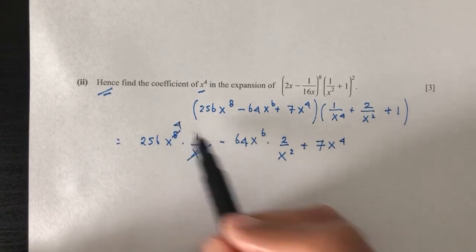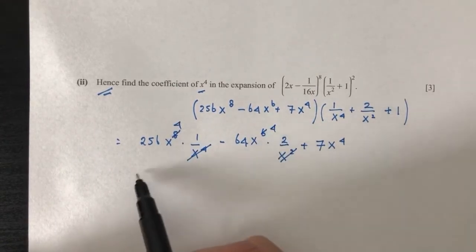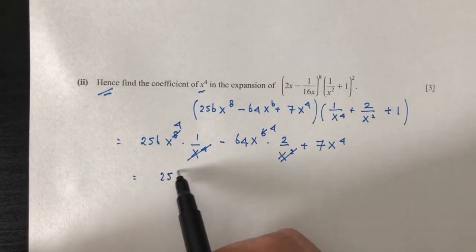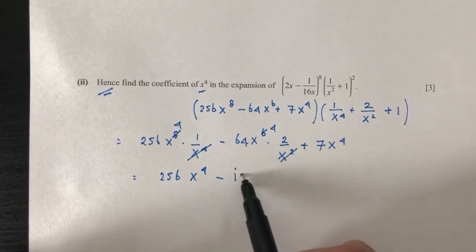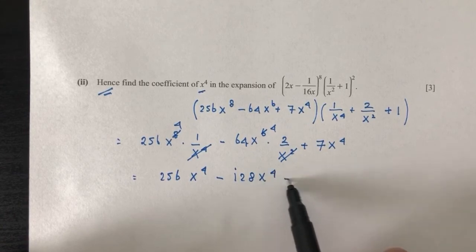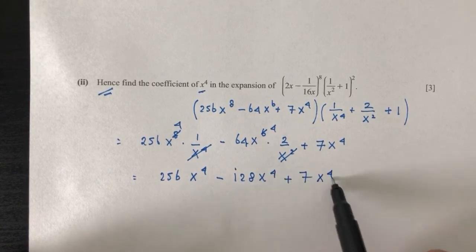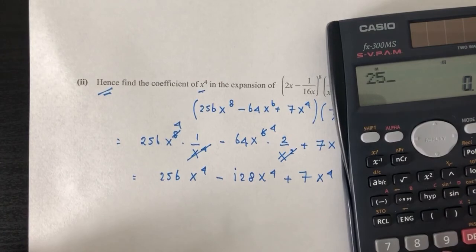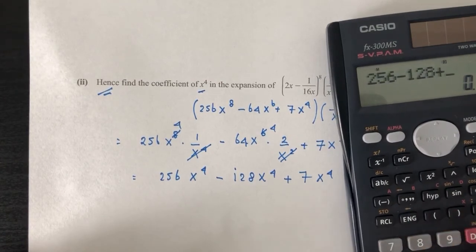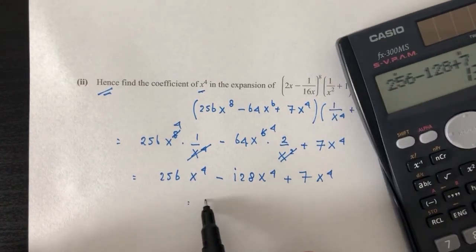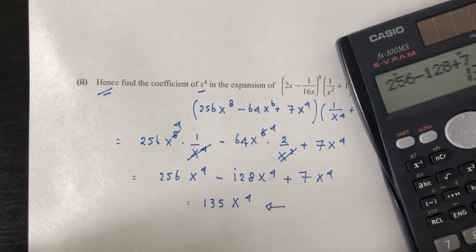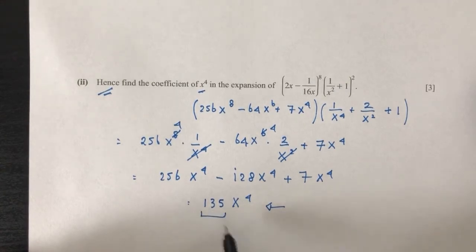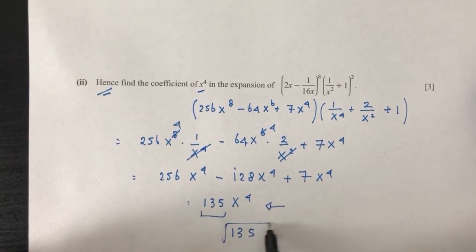We have 256 x^4 minus 128 x^4 plus 7 x^4. So simplify, 256 minus 128 plus 7, that will give me 135 x^4. So the coefficient of x^4 is actually 135, and this will be your answer for question number 9.